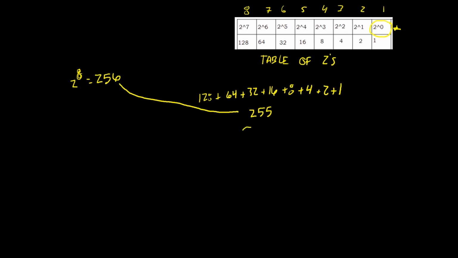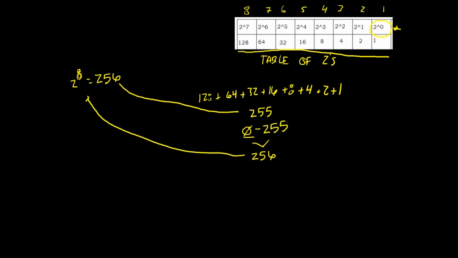So what we actually have here is 0 to 255. So all 8 of these bits total up to 0 to 255. And because 0 counts, this is actually a total number of 256, which is confirmed to be an 8-bit system, which is what we're working with here.